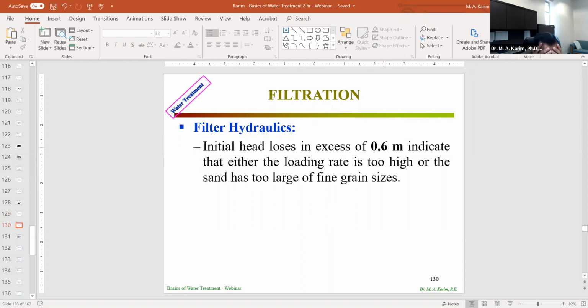In this case, if it is an existing one, then we have to do backwashing. Or if it is the initial calculation, then definitely we have to change the gradation of the sand and other things like that.